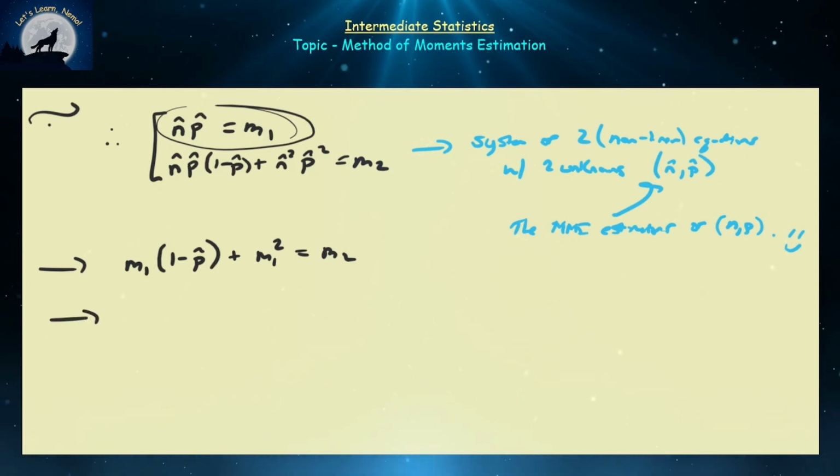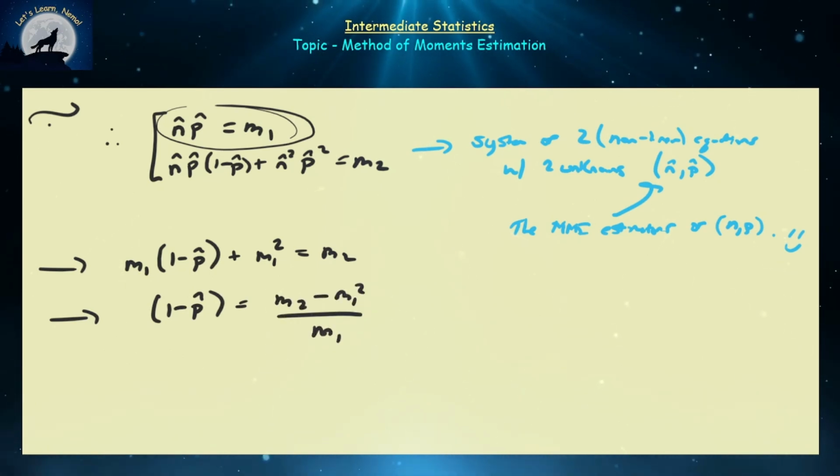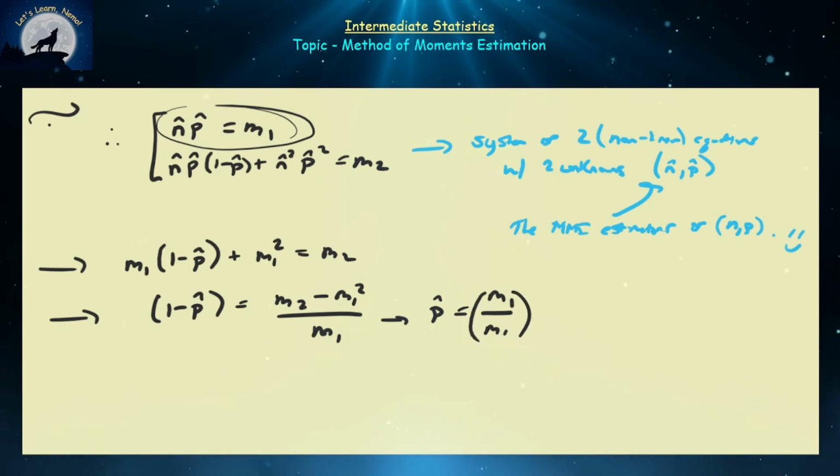So I can write this as 1 minus p hat is equal to (m2 minus m1 squared) all over m1. And from this, I can say that p hat will be equal to m1 over m1. That's our 1.